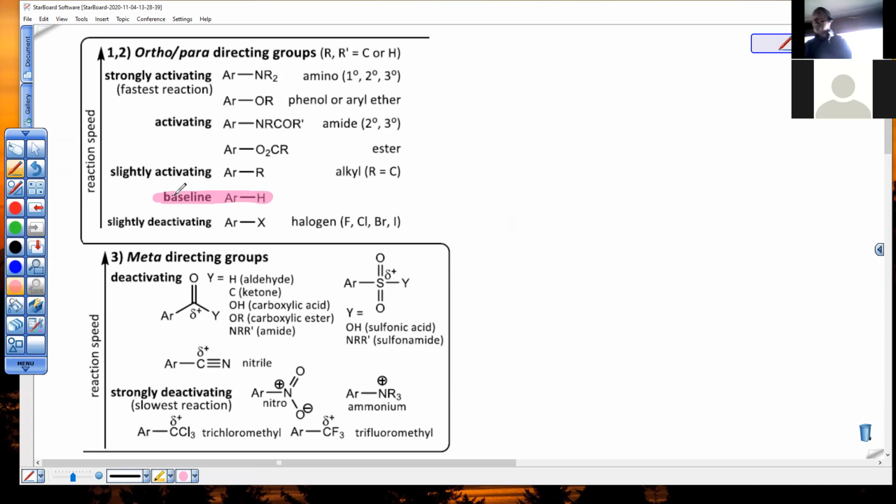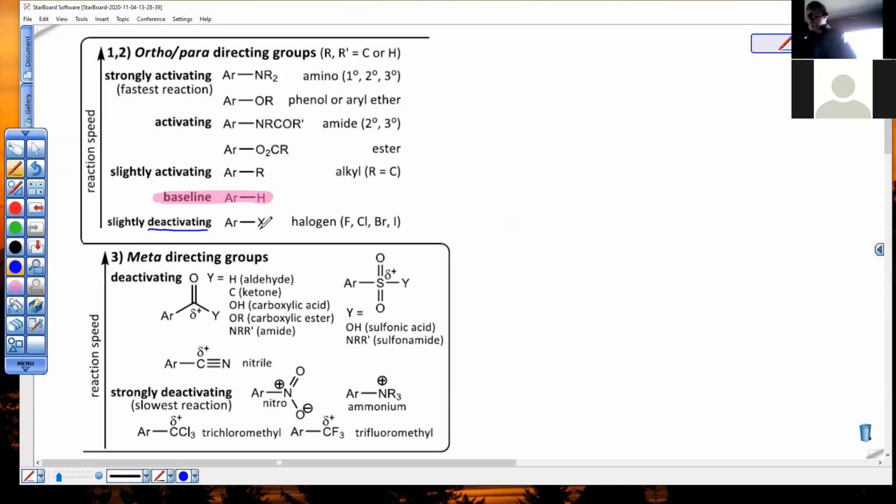It'll be faster to put a new group on benzene than on a benzene that has a halogen. That's what this word says. Slower when there's a halogen already on benzene than when there's nothing on benzene.